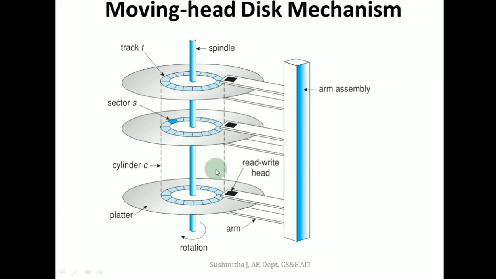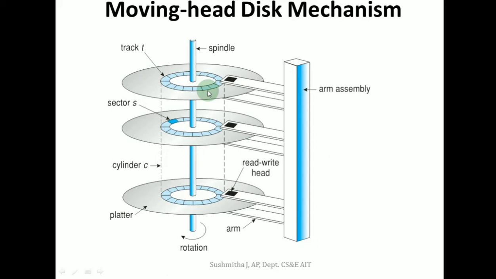It is just like your CD, but on a CD you write only on one side. Here you can write on both the sides, up as well as down. Both sides are made of a magnetic material. So two surfaces are covered with magnetic material and you store information on the platter by recording it magnetically.